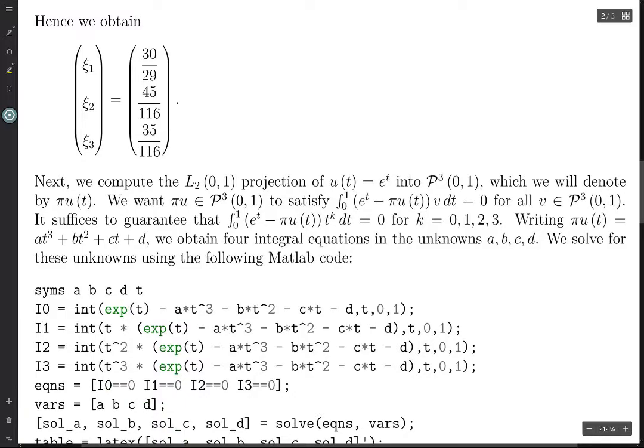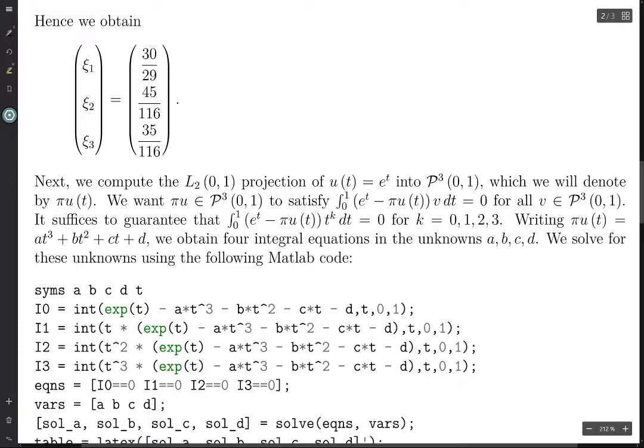We'll write out these numbers later on, and you'll see that it's approximately the decimals they provide in the textbook. Although I think I use more decimal places because I just copied and pasted whatever decimals MATLAB threw at me. Anyways, that's how we find U. I guess I haven't technically found U, I've just found these coefficients, but whatever.